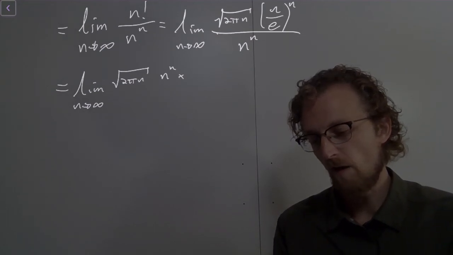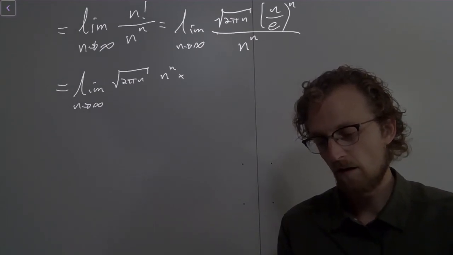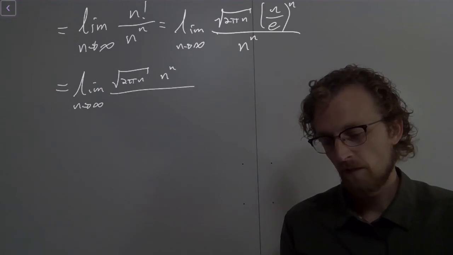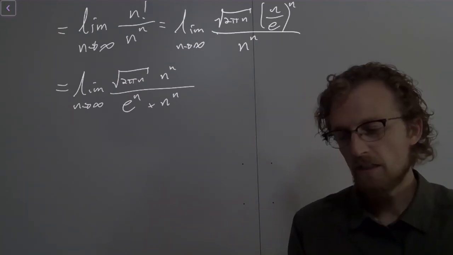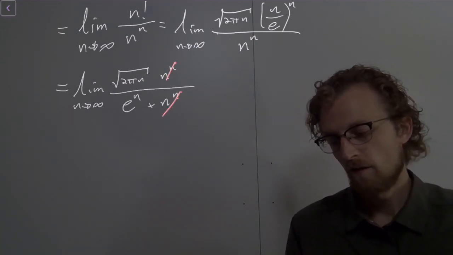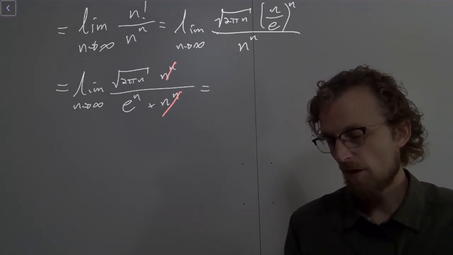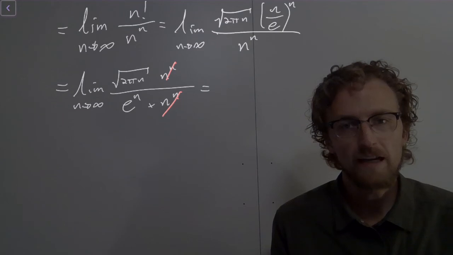Here, actually, I'm going to rewrite this just a little bit, and I'm going to put that on the bottom. N to the n over e to the n times n to the n. Right? My n to the n's cancel, and I end up with 2 pi n divided by e to the n.